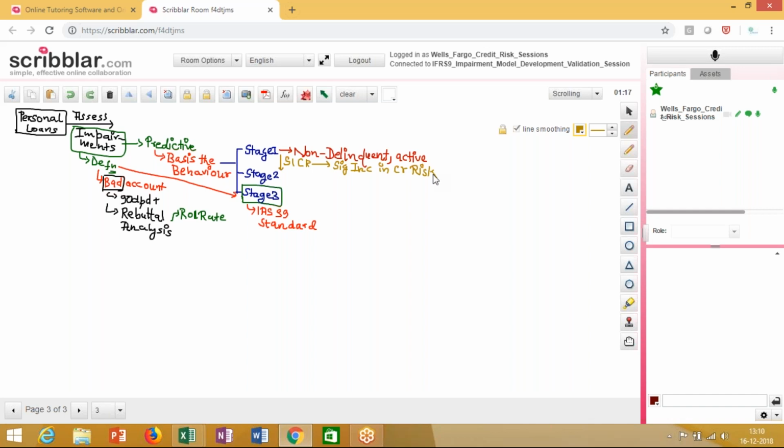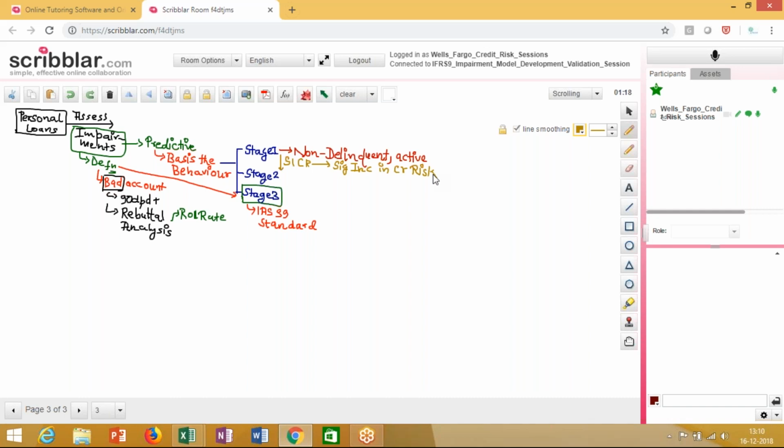Generally when macroeconomic factors change, that would have an impact on the portfolio, and that would be reflected through the probability of default of the borrower, because given a set of factors, given an account management behavior, a deterioration in macroeconomic variables can cause an increase in credit risk, right?